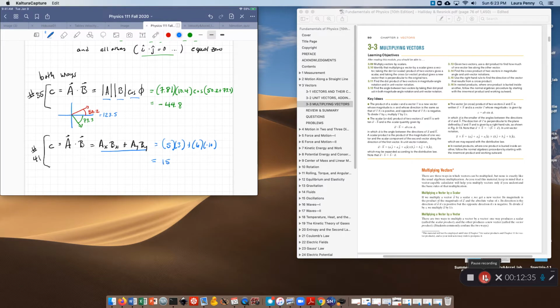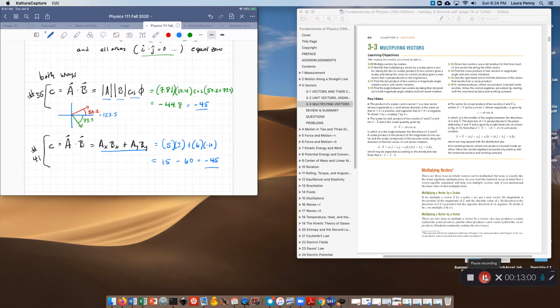So this is 15 minus 60, and I get negative 45, which should also be negative 45 to the two significant figures that I had. And so I get the same answer from the two different ways, which makes sense. I should get the same answer.